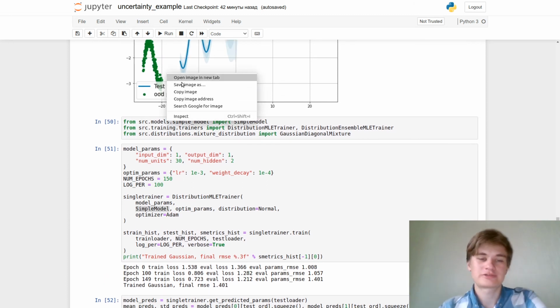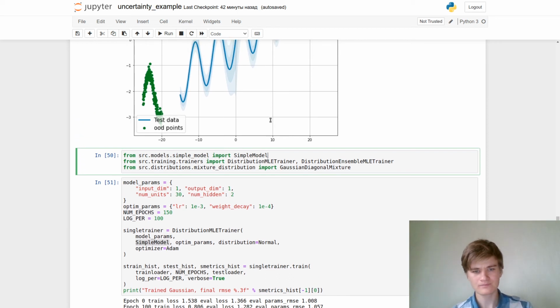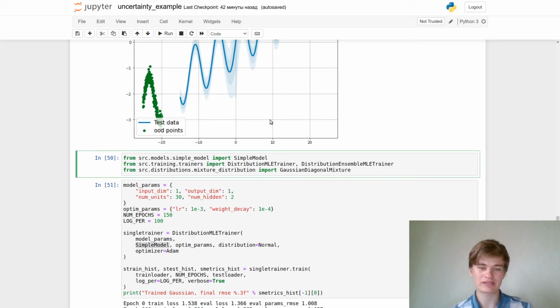Here I import some models. Simple model is some model with linear layers and usual ReLU activations, and during its forward pass it predicts parameters of normal distribution. So mean, the usual output for regression task, and also standard deviation, which we predict with the softplus activation function.